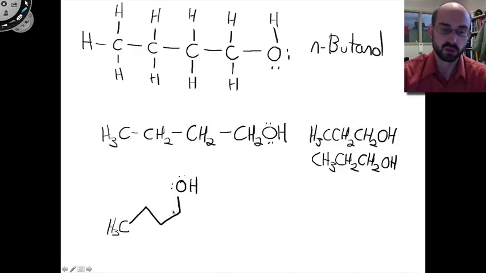The other rule with line angle structures is you always show heteroatoms. So oxygen, nitrogen, fluorine, chlorine, iodine, any of those. You show them out. And when you do, you always have the option of showing the carbon explicitly like this. That's not a problem. But anything you do show explicitly, like in this case the oxygen and that carbon, you have to show the hydrogens attached to it.